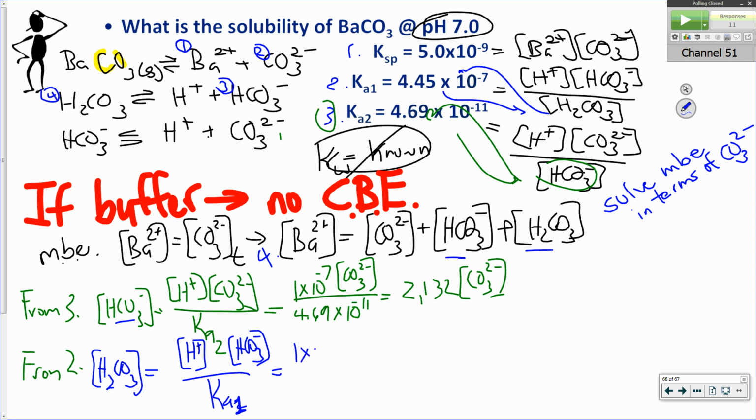So 1 times 10 to the minus 7th is H plus. For the bicarbonate, I'm putting 2,132 times the carbonate, and K1 is 4.45 times 10 to the minus 7th.